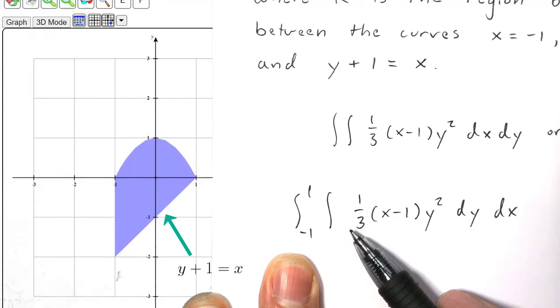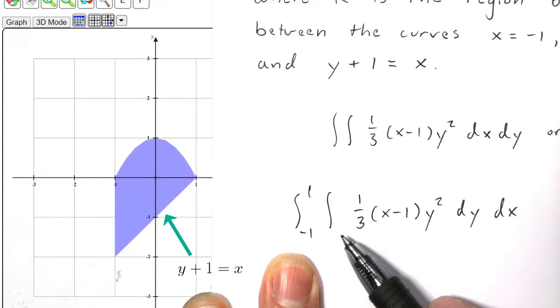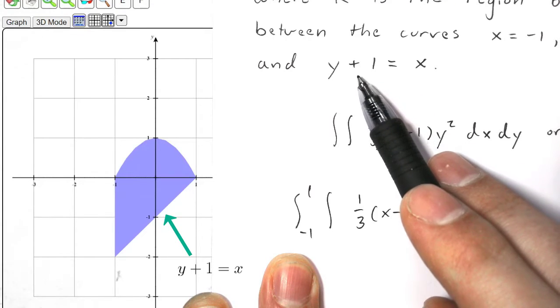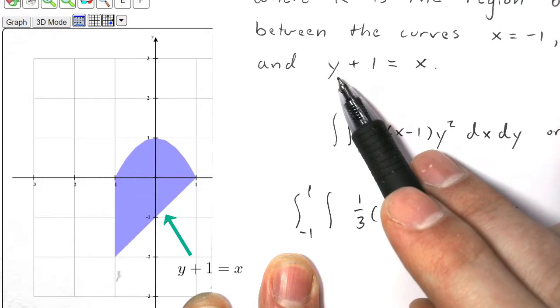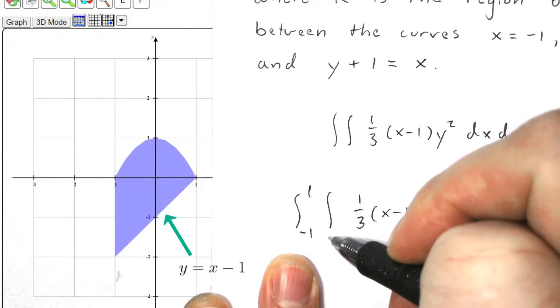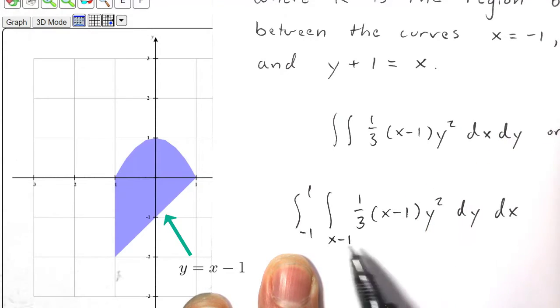For each value of x, I want an expression in x that I start at. So I should solve this for y. If you solve that for y, you get y equals x minus 1. That's what goes down here, x minus 1. So for each value of x, I know exactly what number this is going to be.